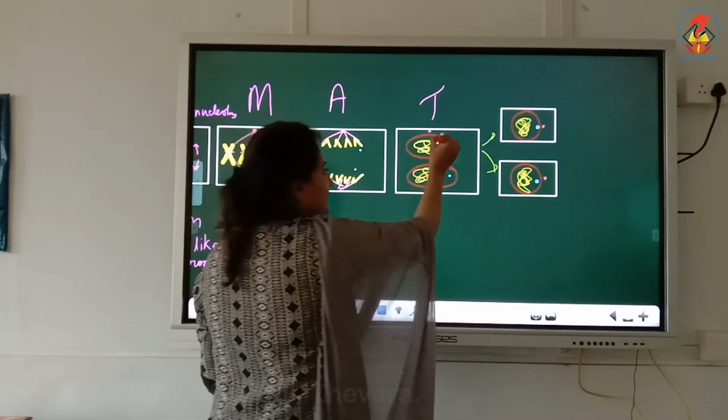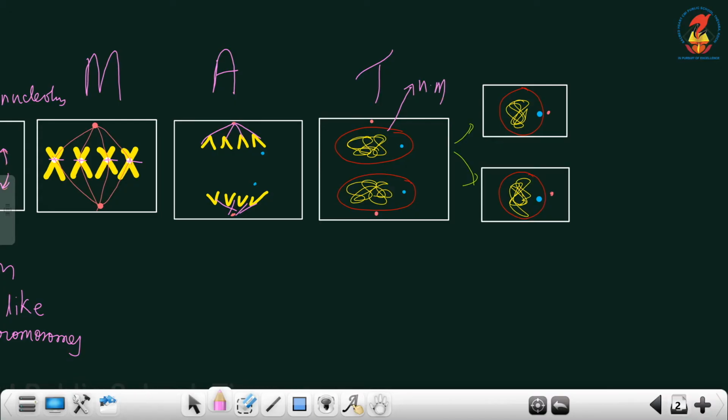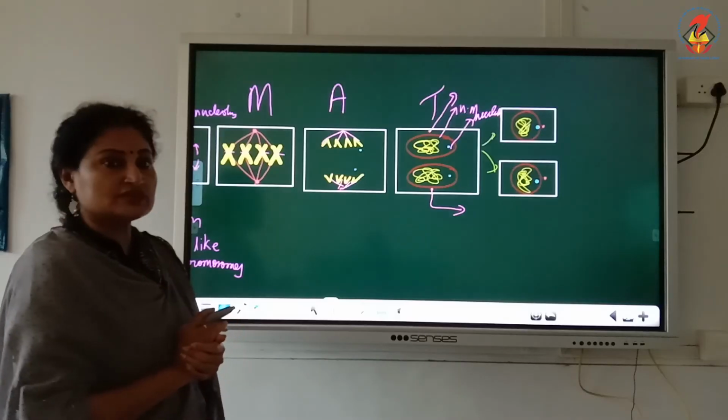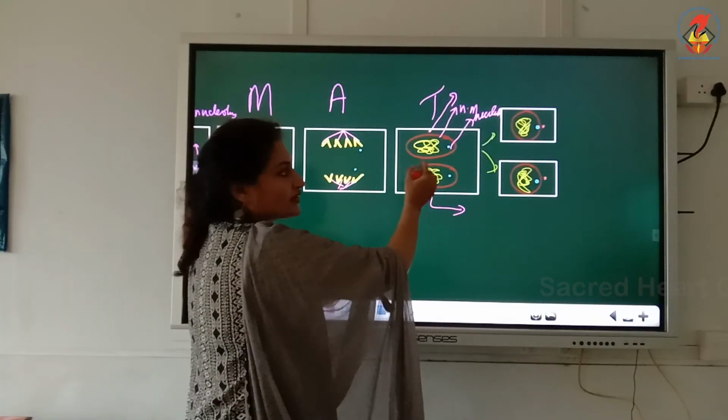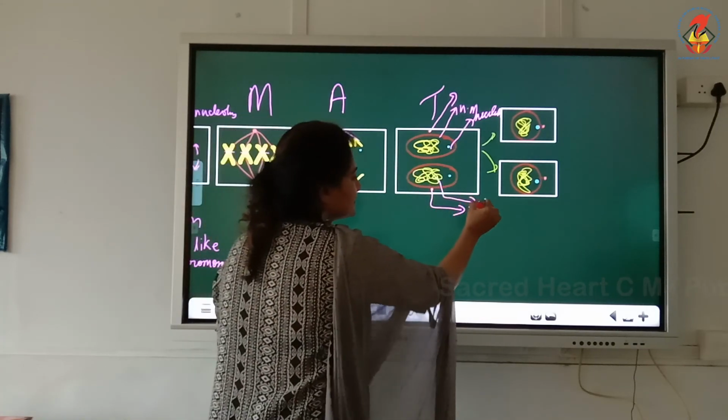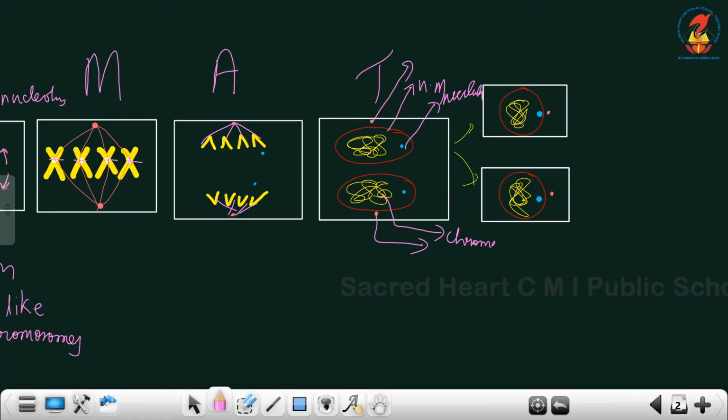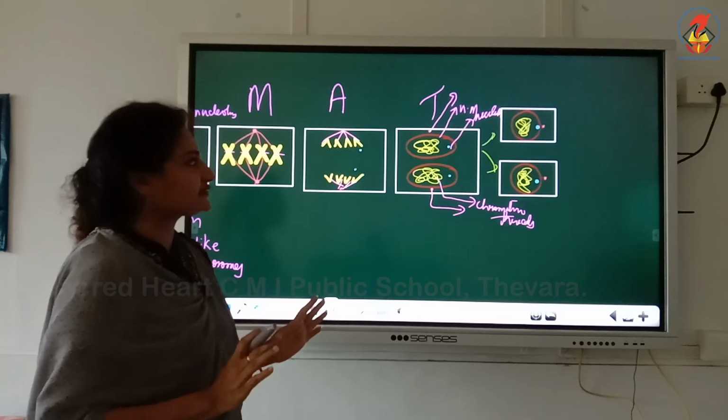The nuclear membrane reappears, the nucleolus reappears, we have the centrioles already at the poles, and the state of the early telophase chromosomes is still condensed. Late telophase, what happens? They elongate to form chromatid threads. So, I reiterate, the difference between early and late is with respect to the chromosome. The other characters are the same.